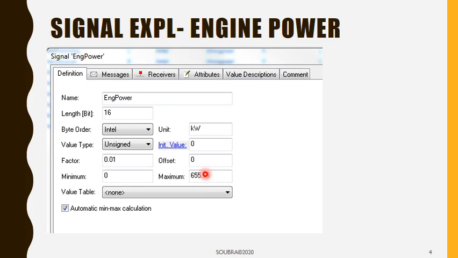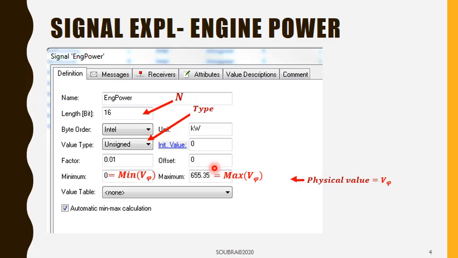And this is the maximum engine power that we can have, which makes sense. We good? So, yep, we're good. So this is the minimum of the physical value and the maximum of the physical value that we got by applying the factor and offset that does not exist here to the raw value that we got from the number of bits and the type of the signal that we want to represent.